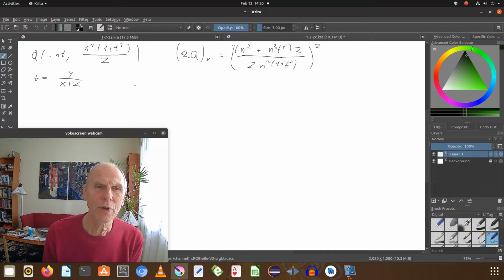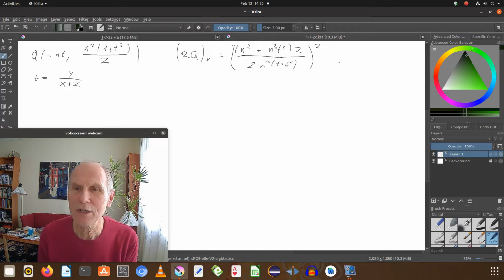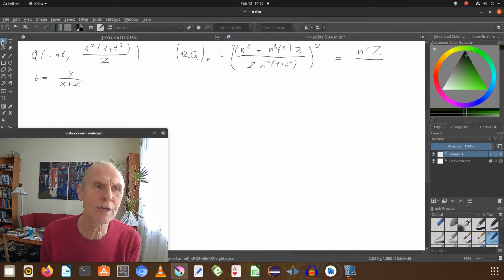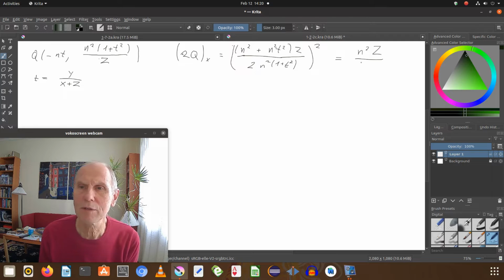Now, 1 plus t squared, oh, that will cancel, how nice. So it's n squared times z, and 1 plus t squared, we get from here cancel with this, divided by 2n squared. So that's z half squared.